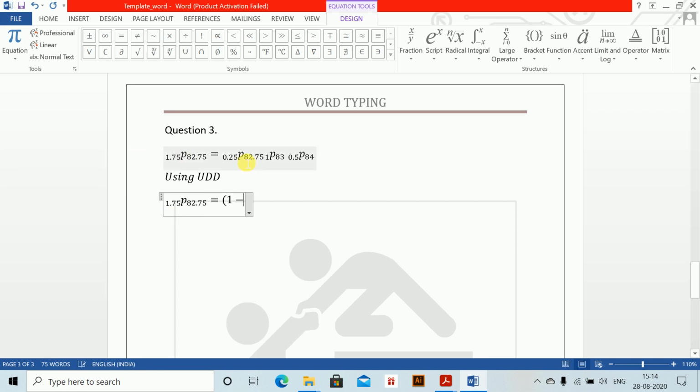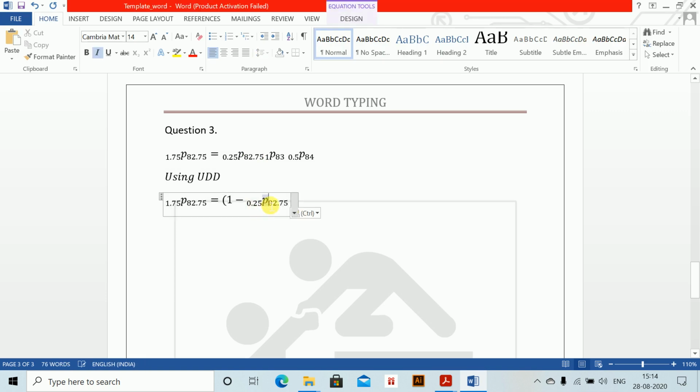Now I will again copy these, okay, and just change the p to q because we are using UDD and UDD works in q. So 1 minus, brackets close, into 1 minus 0.5p84.